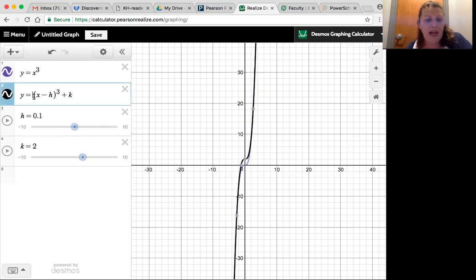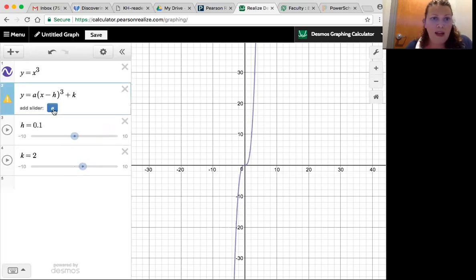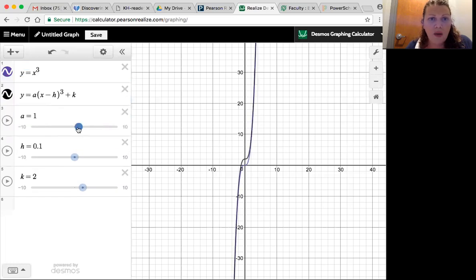And then let's just continue on with that theme. Let's call this A. And so A is what we would call a vertical stretch. As I make A bigger or smaller, and when it's negative it flips, it's stretching the vertical component.